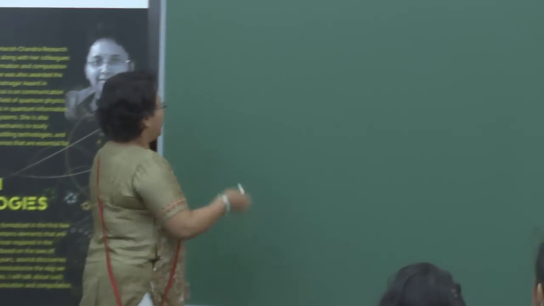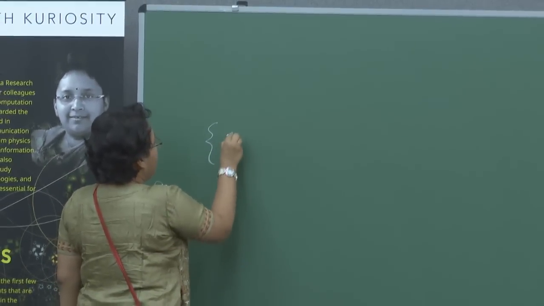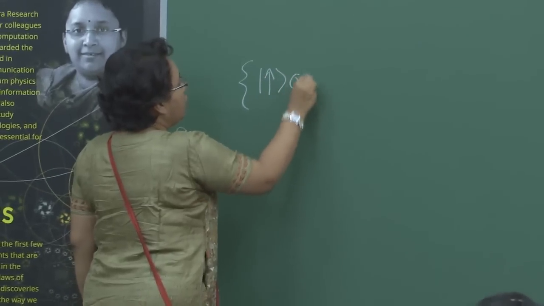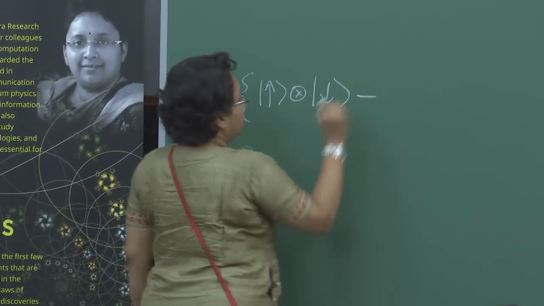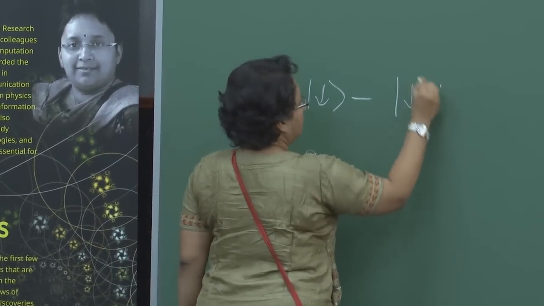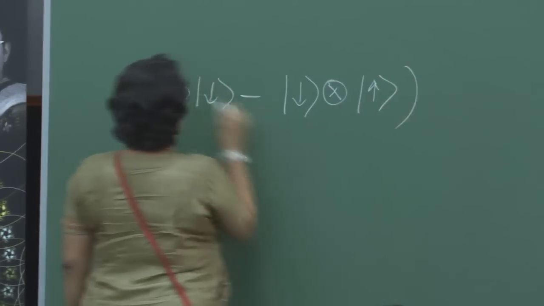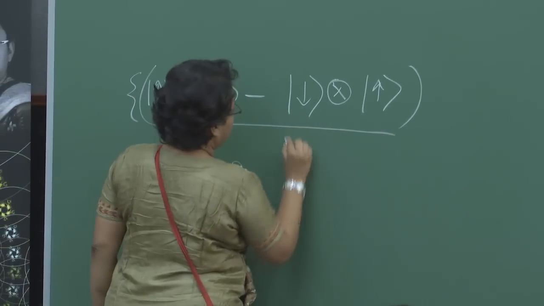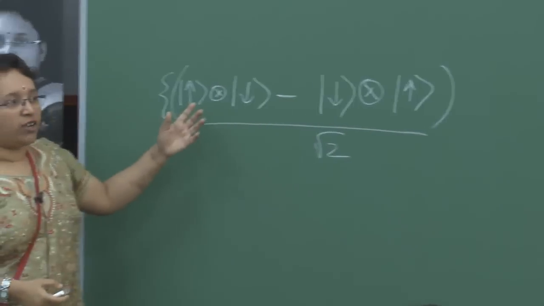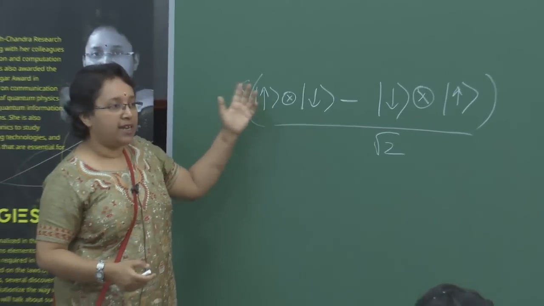Okay, so I haven't written it yet. This is the state which I call the singlet shared between Alice and Bob.